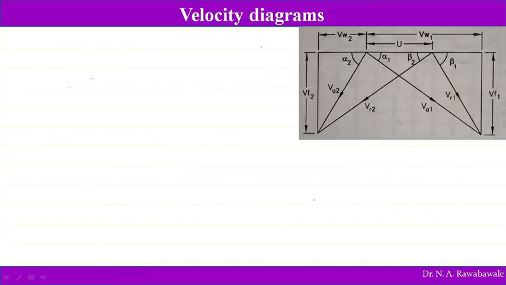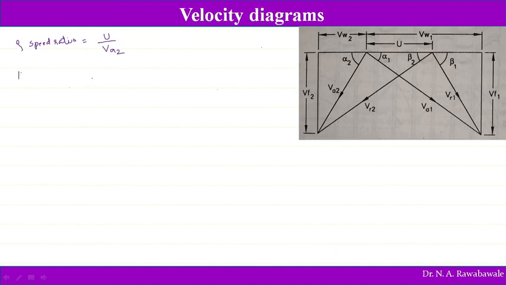Now we see here, rho is the speed ratio, which is given as U divided by Va2. This ratio of the circumferential or tangential velocity of the blade to the absolute velocity at the outlet is known as the speed ratio.